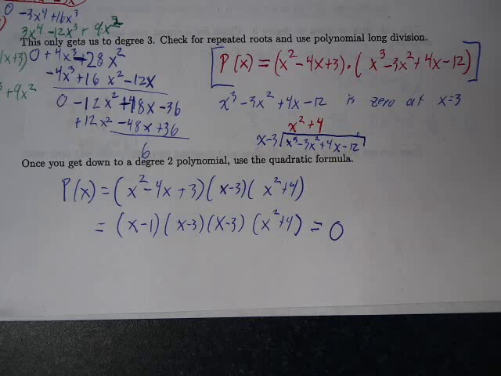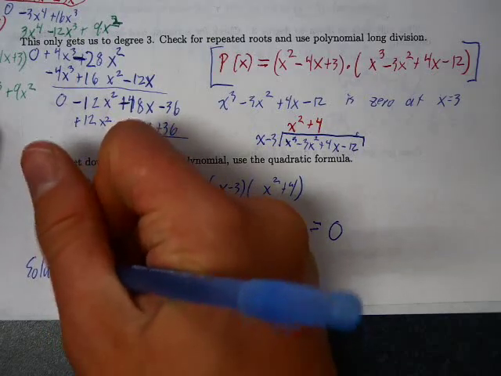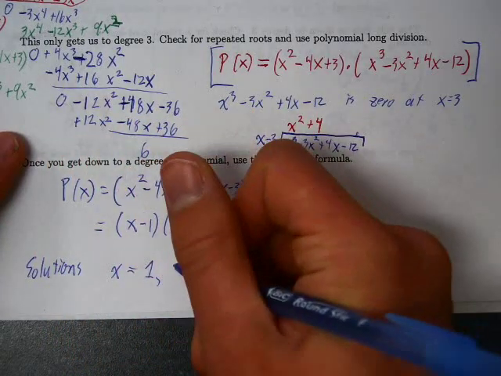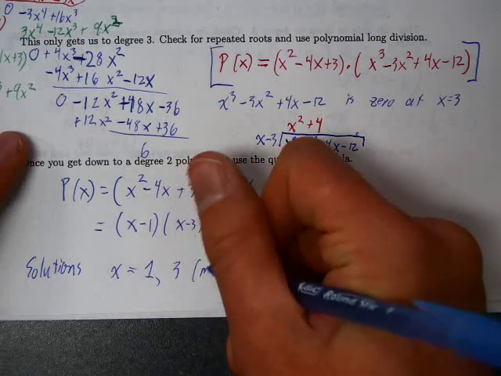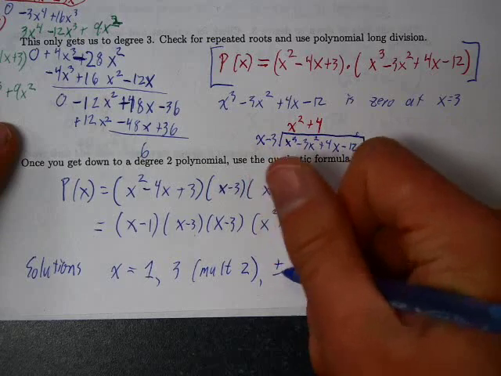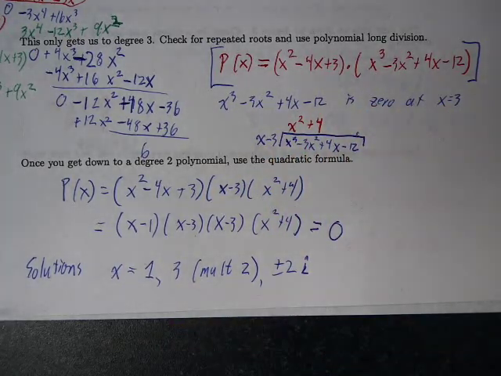And the remaining solutions are imaginary. I guess they're plus or minus 2i. And that's everything. So this has solutions of x equal to 1, 3 with multiplicity 2, and plus or minus 2i. How do people feel? That seem okay?